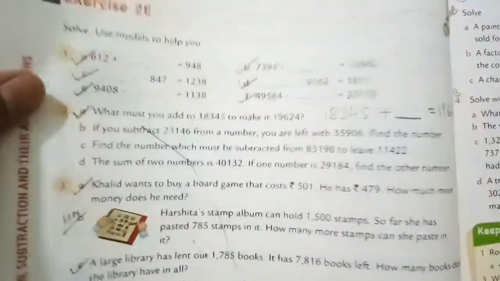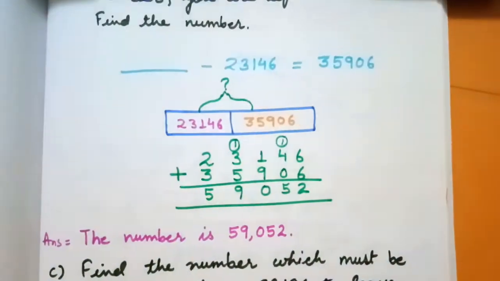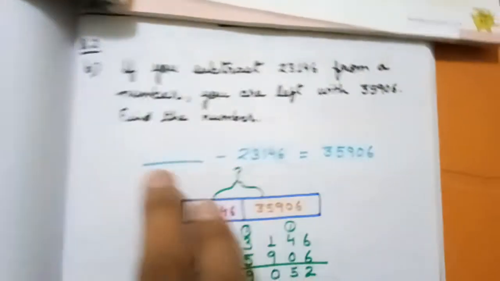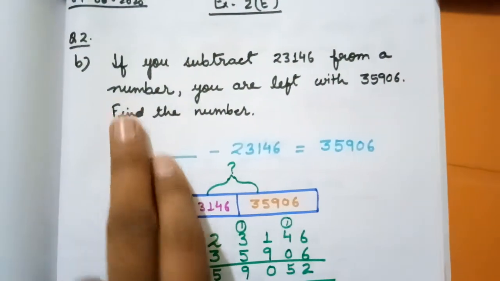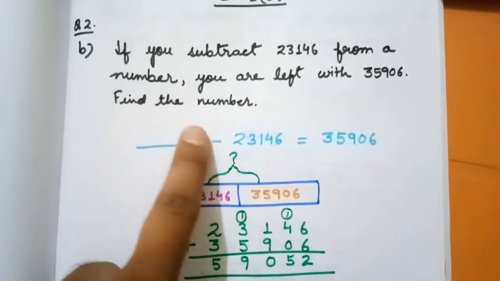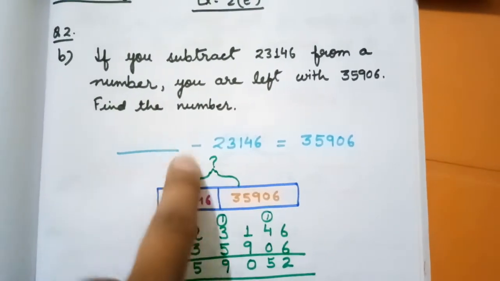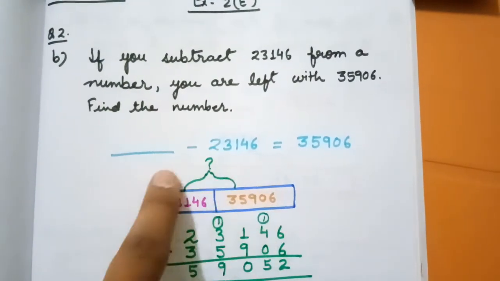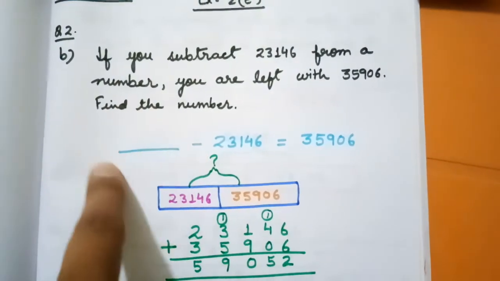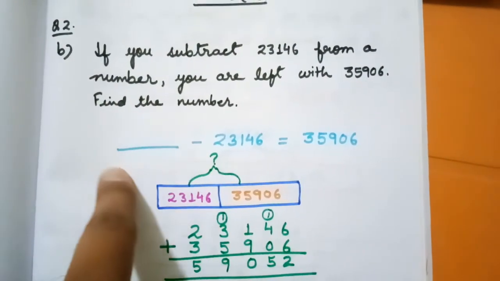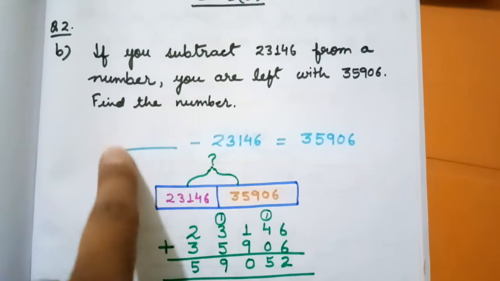So see, I have solved it. Here is the solution. What is the number? This is the question, that from which this number should be subtracted. So that number will be blank, a question mark.